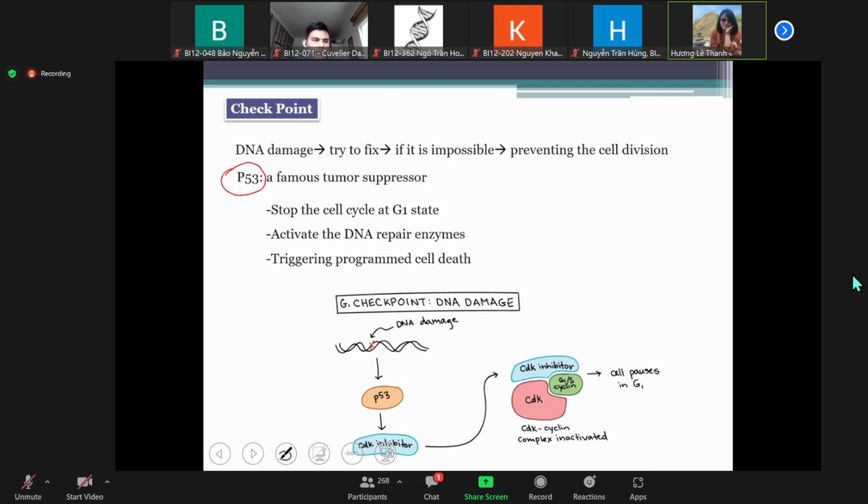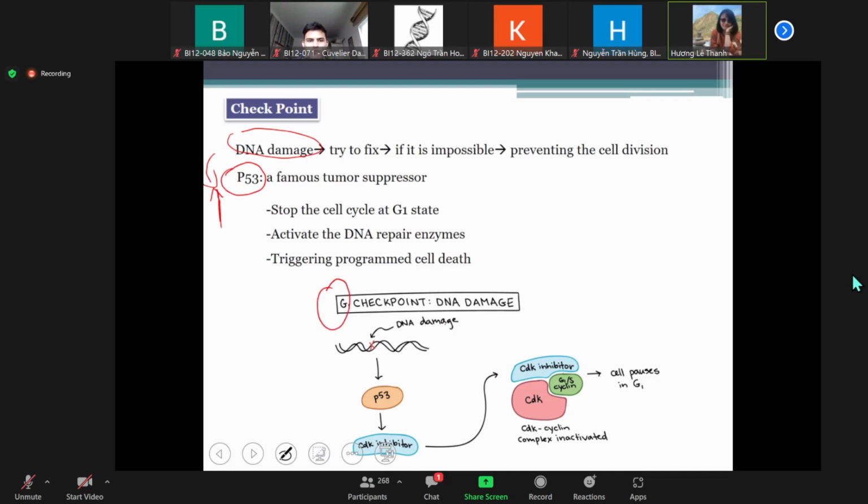If DNA is damaged, it will trigger the expression of the P53 gene. If there is DNA damage, the level of P53 will increase. So what are the roles of the P53? First, they activate and prevent the cell from entering the S phase. So it stops at the G1 stage.